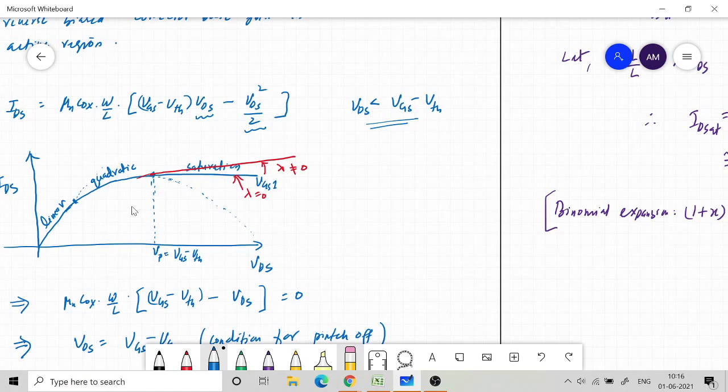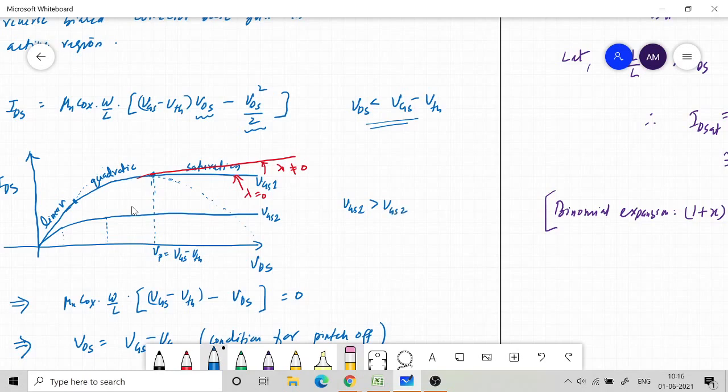Then again we will have a linear term, and then there will be a quadratic variation, and then there will be saturation. So the saturation will happen very early. Okay, so like this. This is for VGS2, where VGS1 is greater than VGS2.